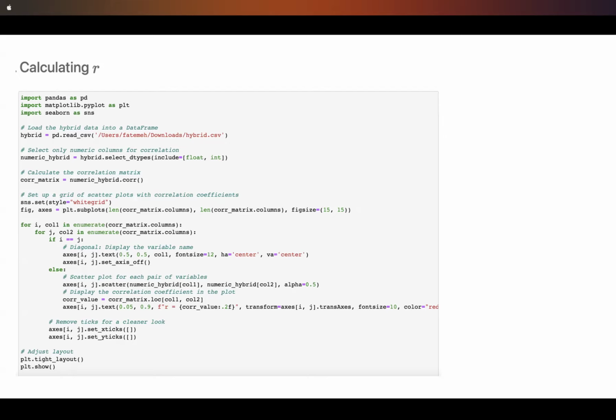There we go. Okay, it's a long code. Just give me a moment. And we're setting up the grid. This is the rest of the code for you guys.